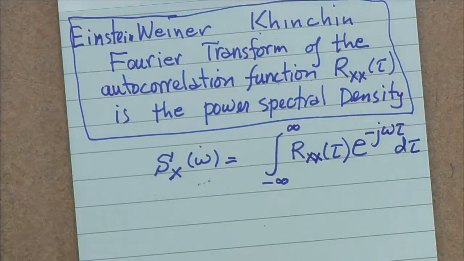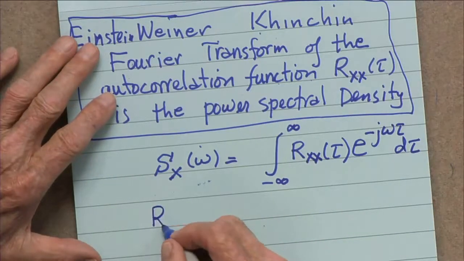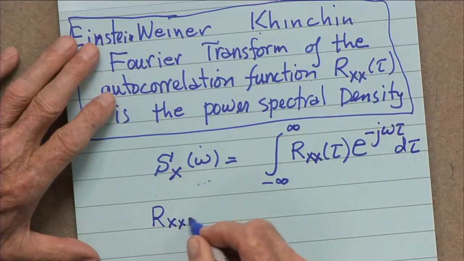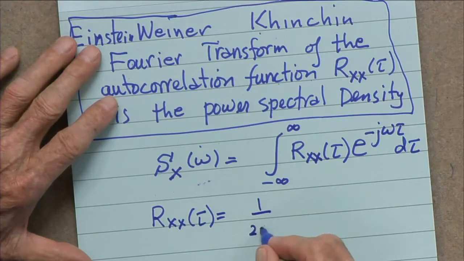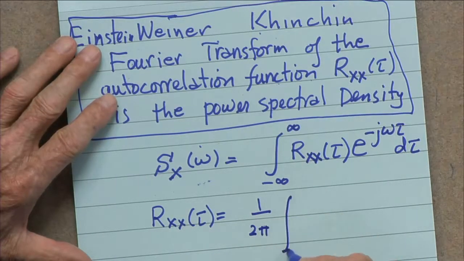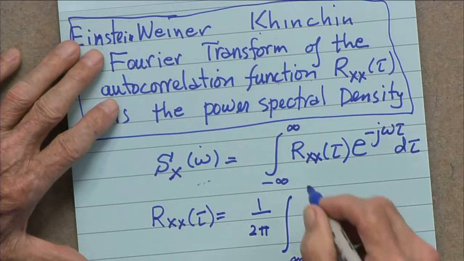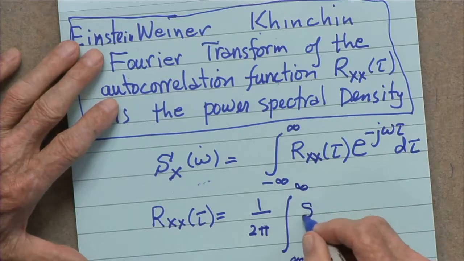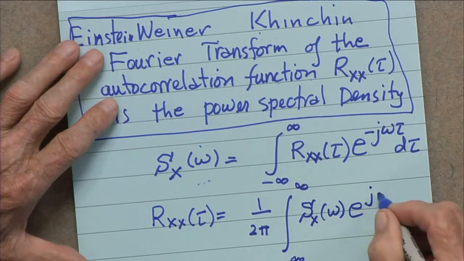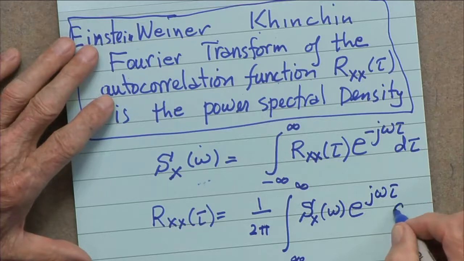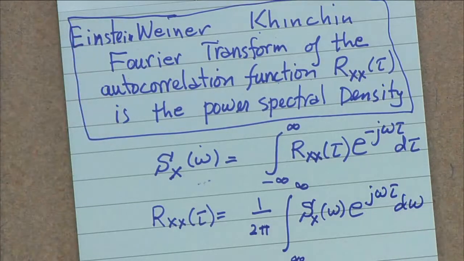And that the autocorrelation function of tau is 1 over 2 pi times the integral of Sx of omega e to the j omega tau d omega. Power spectral density.